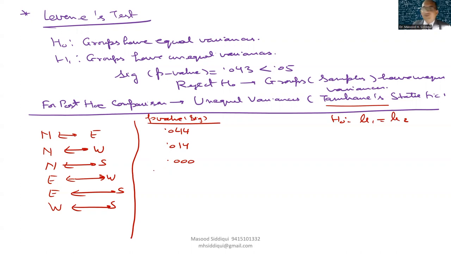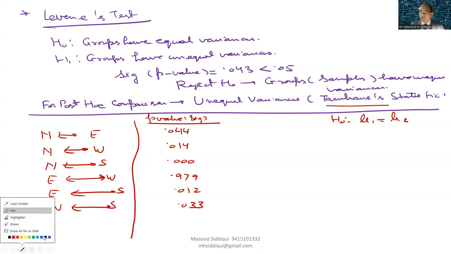And for eastern and western, we have 0.979. And for eastern and southern, we are having 0.012. And for western and southern, we will be having 0.033. So these are the values we are writing down. Now, as we look, this value is less than 0.05.